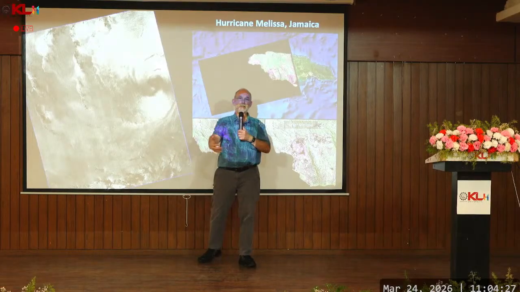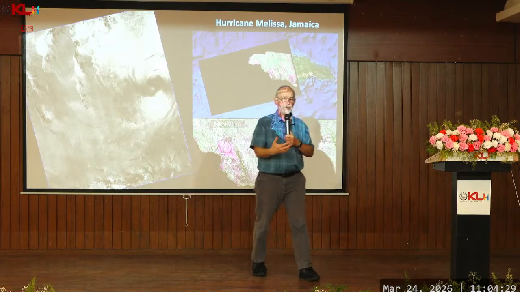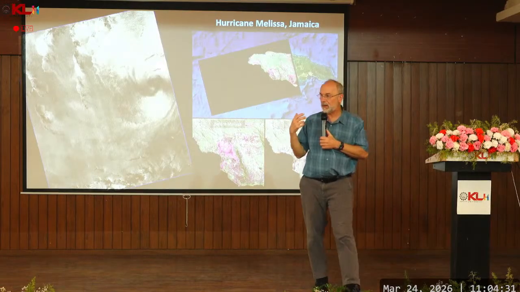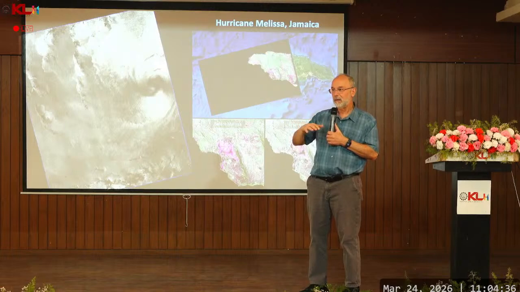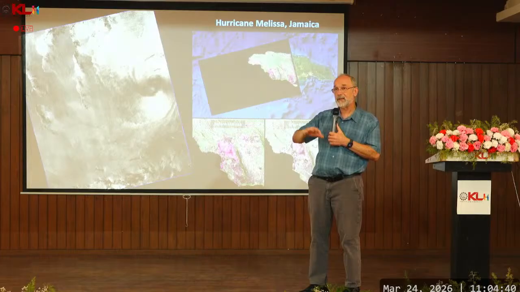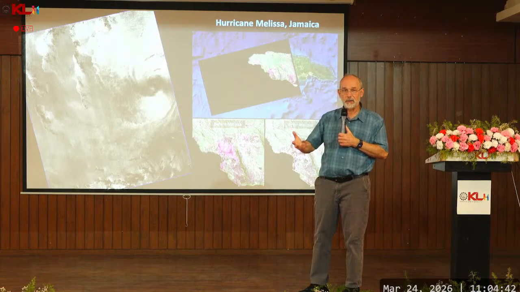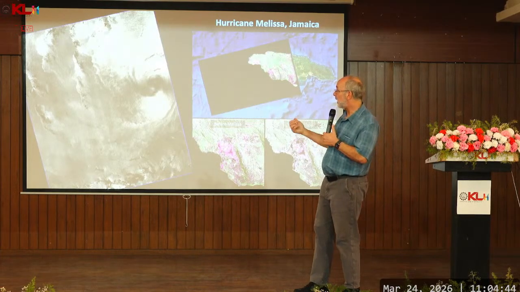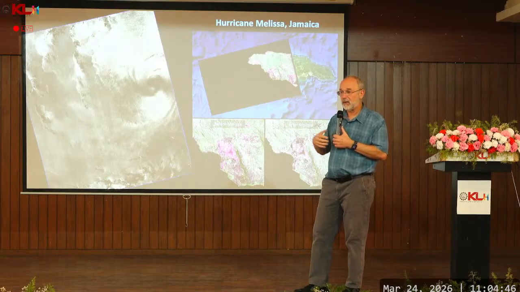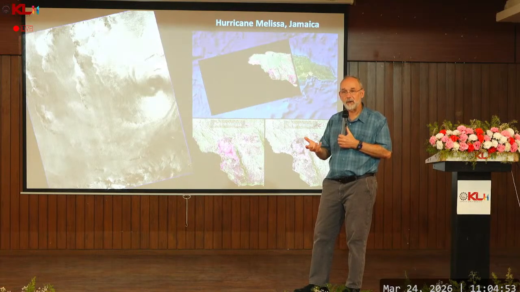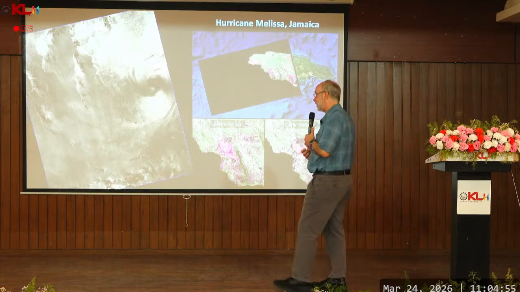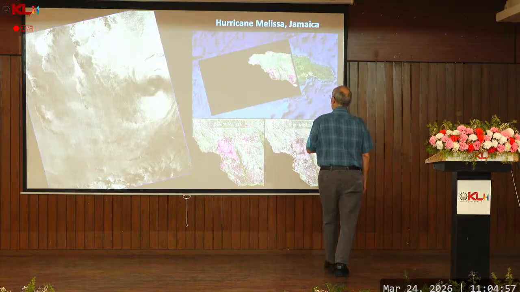Because the wavelength is long compared to many other SAR systems, the backscatter signal from the ocean tends to be less saturated at high wind speeds. So by looking at these kinds of data at L-band, you can get a much better estimate of what the actual wind speeds are in a hurricane than at shorter wavelengths.